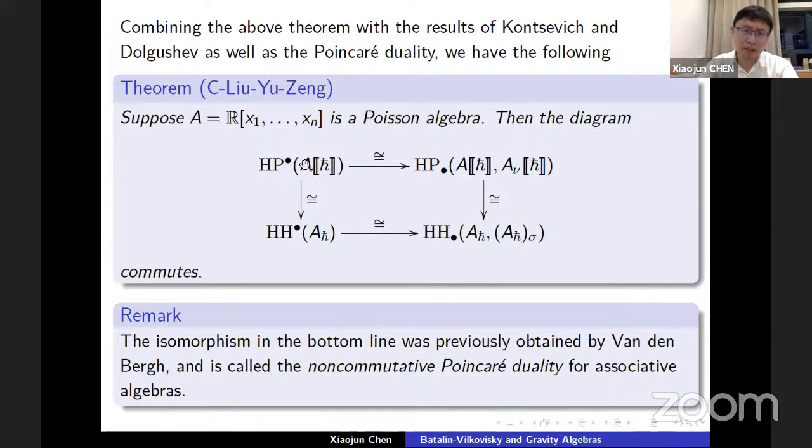The left vertical line is given by deformation quantization, and this one is also deformation quantization. Here this A_nu, its quantization is A_H twisted with sigma. So this is an isomorphism of commutative diagrams.